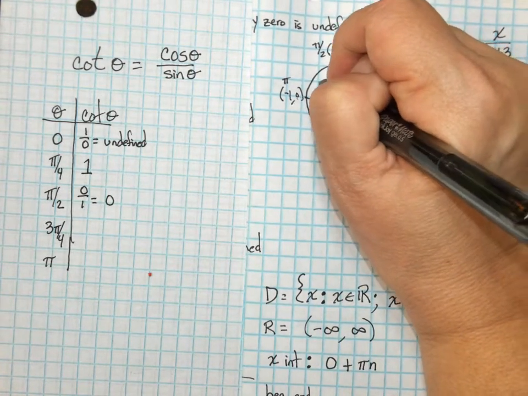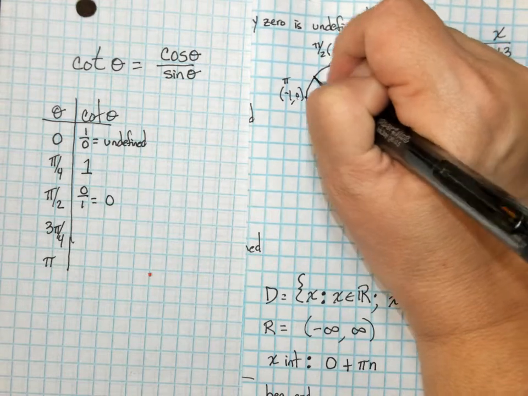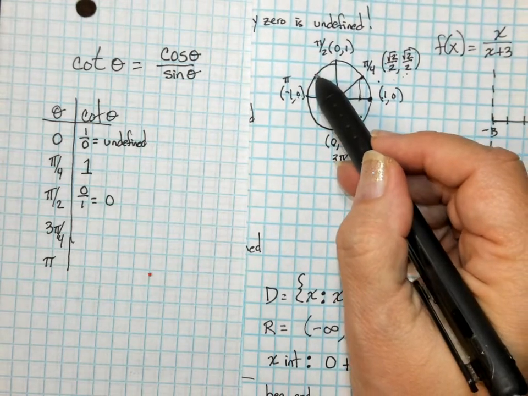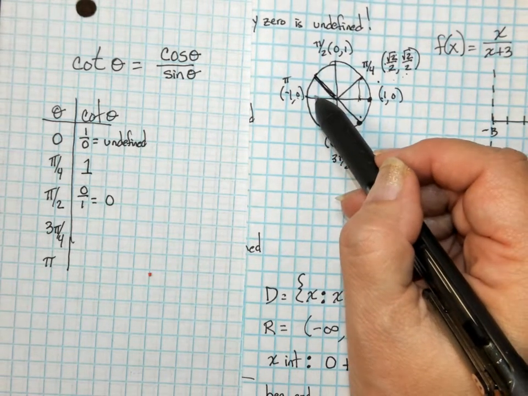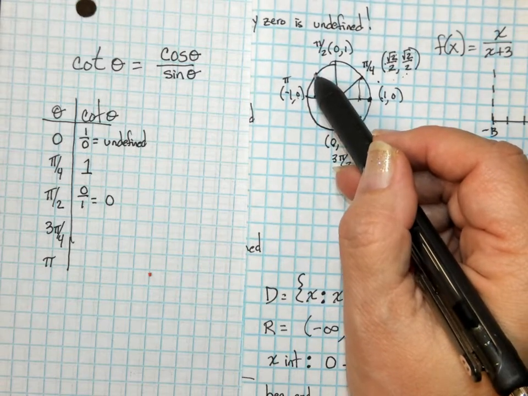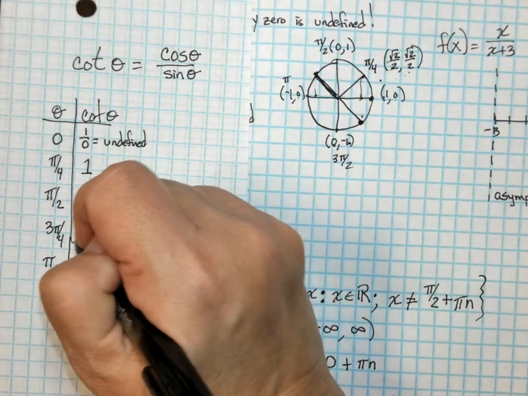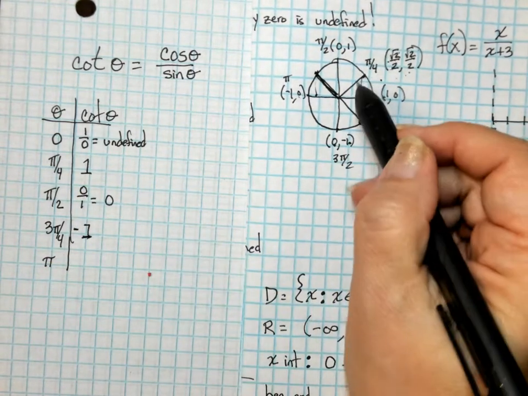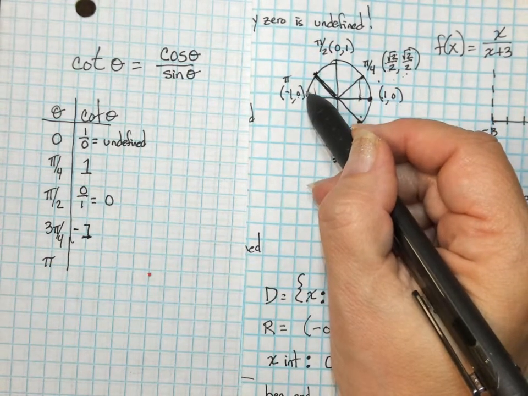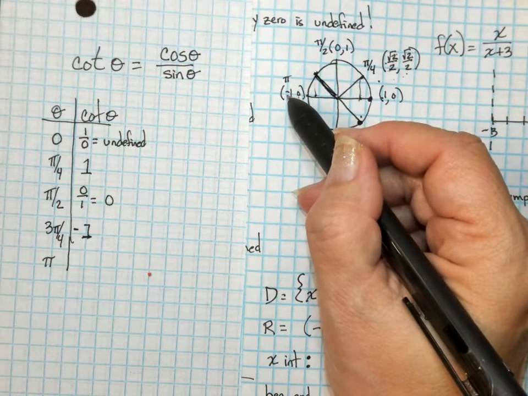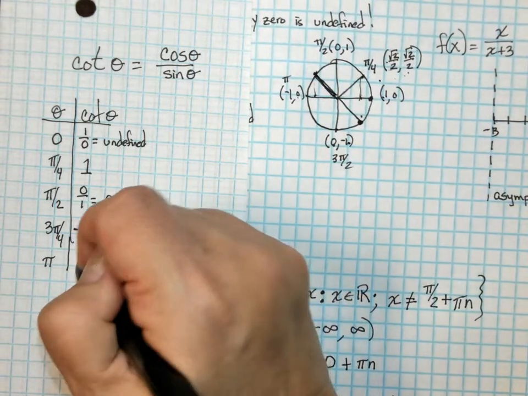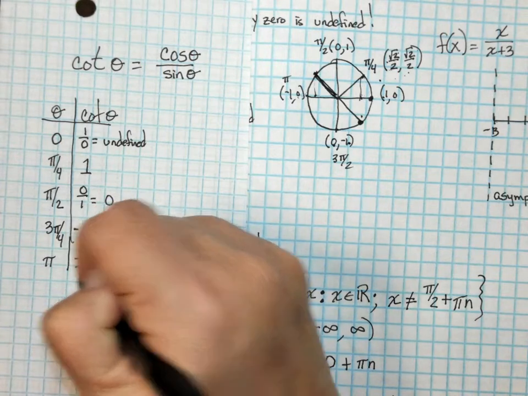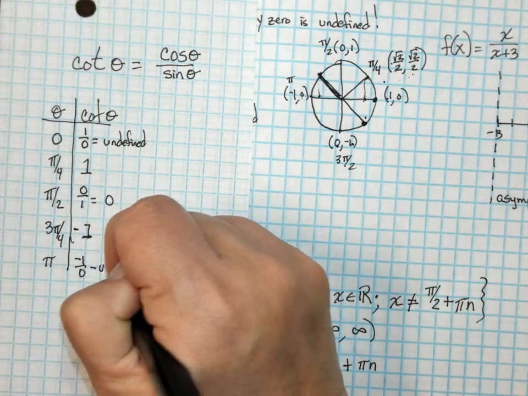Now, 3 pi over 4 is here in the second quadrant. So at 3 pi over 4, cosine is negative and sine is positive, so that's going to be negative 1. And then over here at pi, it's cosine over sine, it's negative 1 over 0, which is undefined.